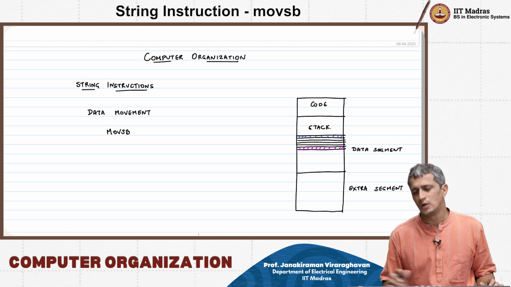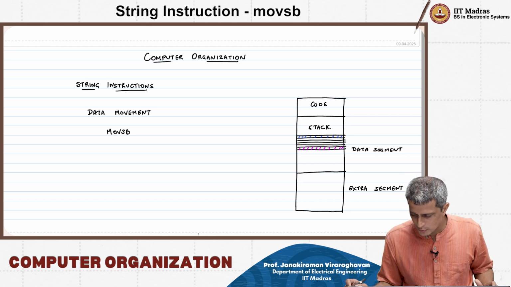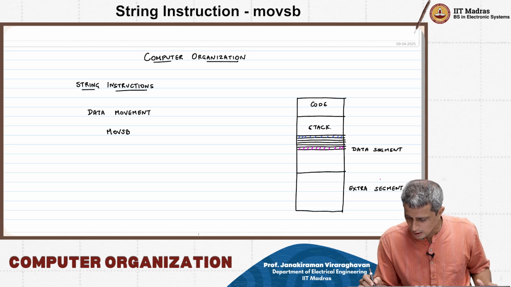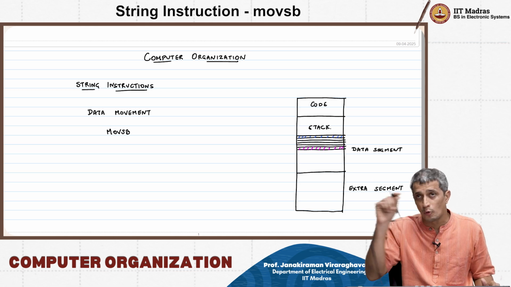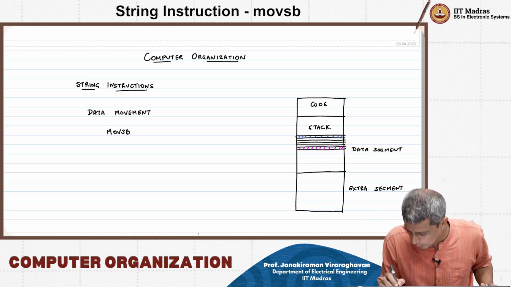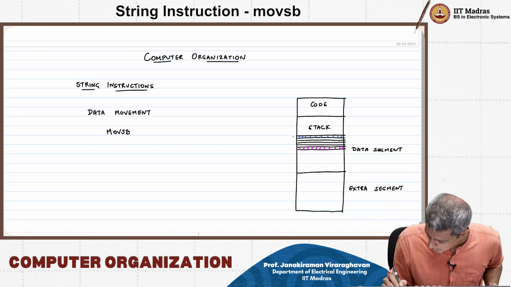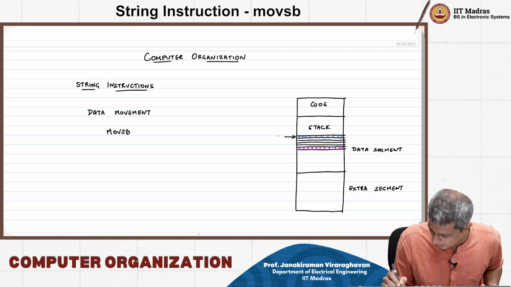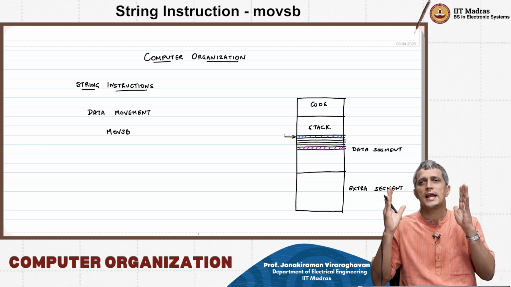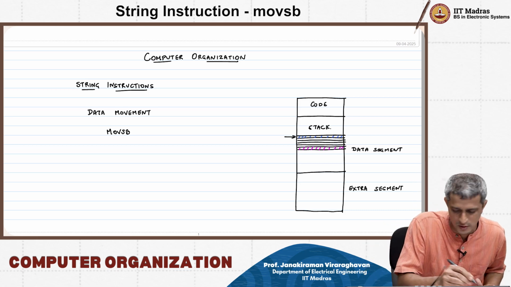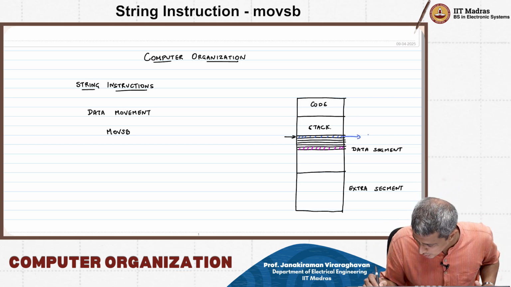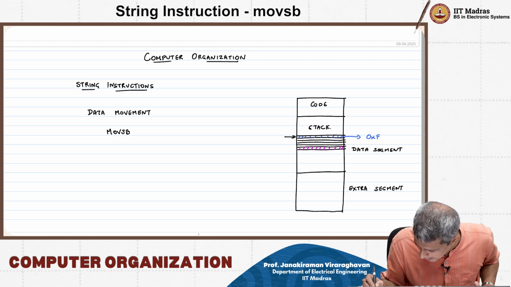Okay. Now, let us say that, in this data segment, what do I have? I have how many memory locations here? Each row, by the way, is 1 byte of memory. So I am basically saying this blue data, whatever that is, it's an 8-bit number. For example, this blue could be something like 0xFE.